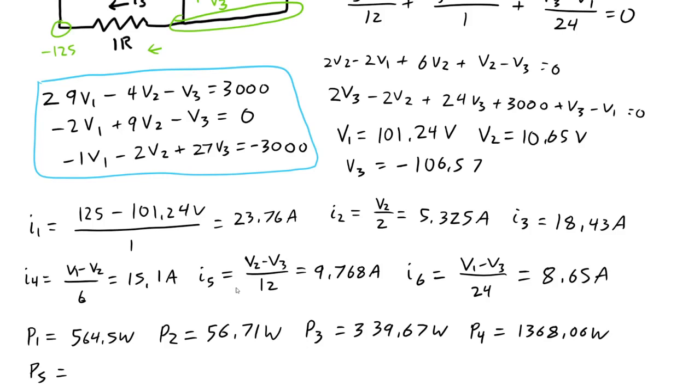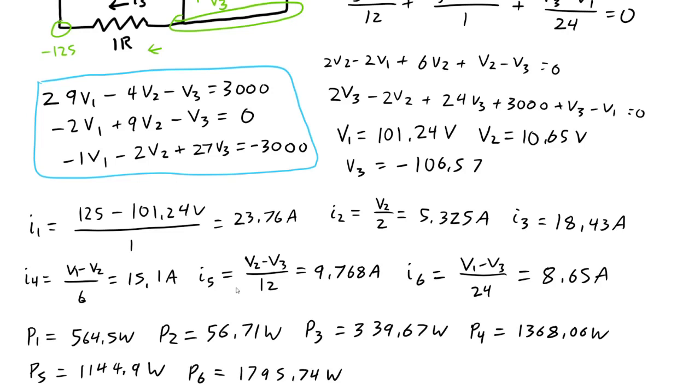Power 5 is going to be 9.768 squared times 12 ohms, 1144.9 watts. And power 6, 8.65 squared times 24. You get 1795.74 watts.